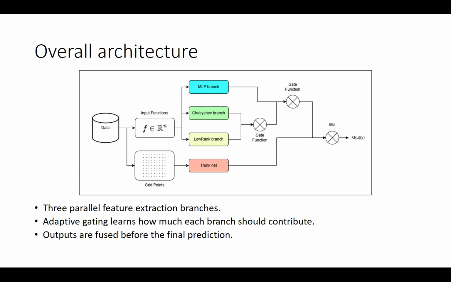And in other PDE families, the low rank branch helps the model understand the local mapping between these functional spaces. I see. Okay, thank you.